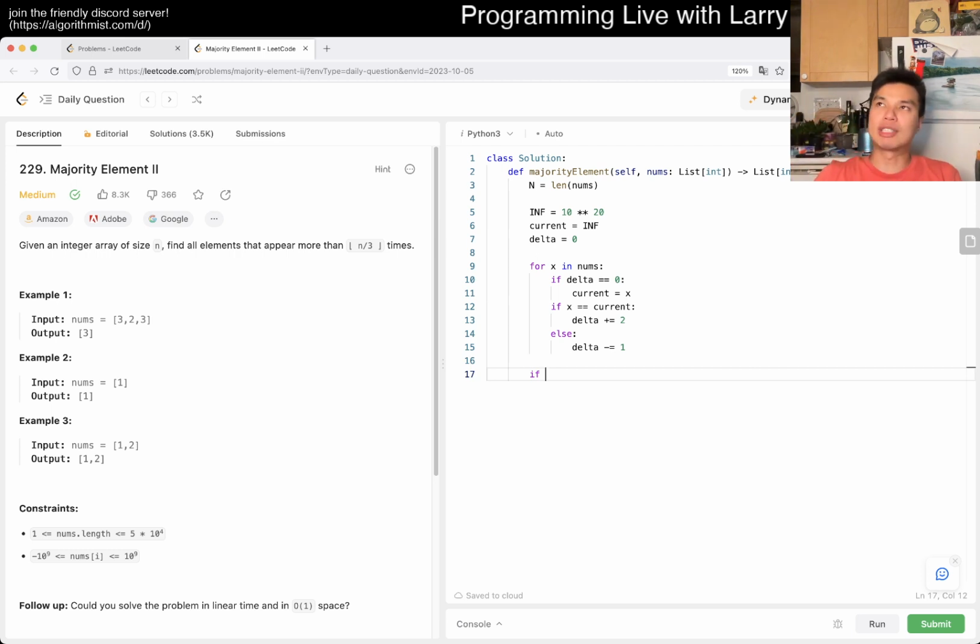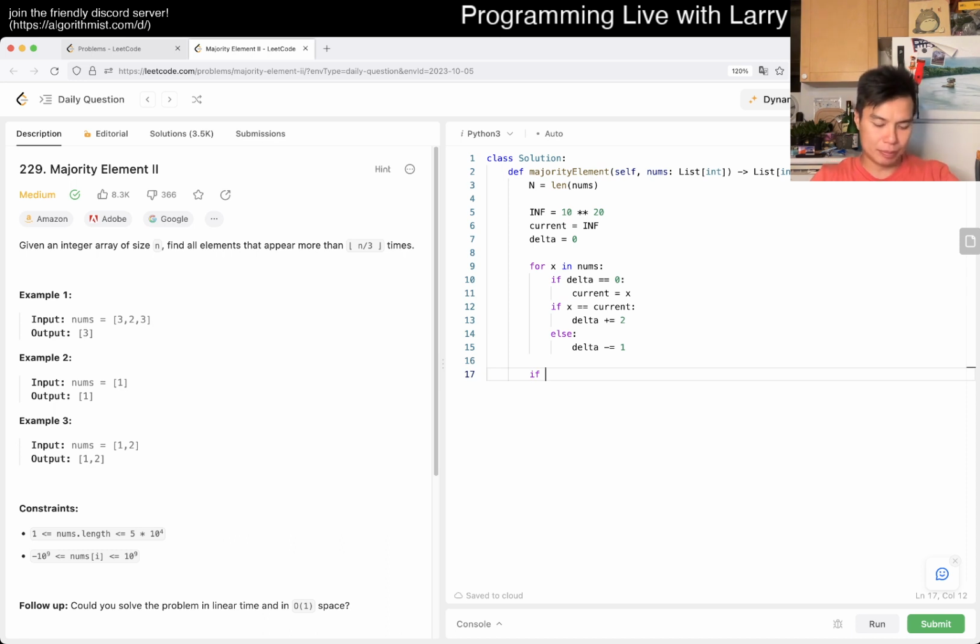Like, if delta is negative, does that mean there's no element that appears more than n/3? I think that's the thing I'm not quite sure about. But I guess it cannot be negative actually, and I guess it can always be delta over 1 at the end. But that's why you do a check, right?